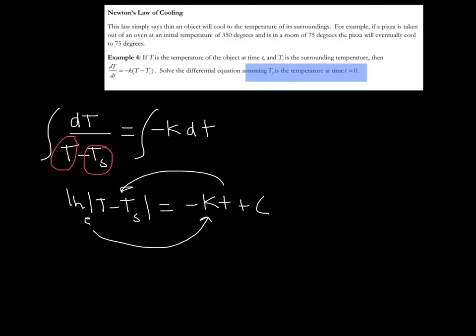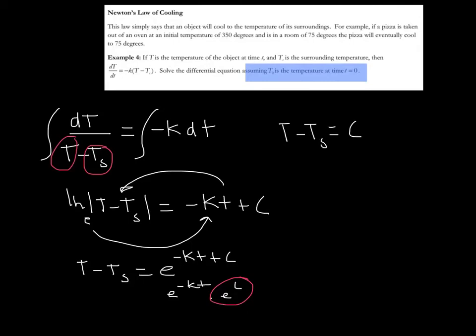So it's going to be capital T minus the room temperature is equal to e to the negative k little t plus C. And then same thing as before, we're going to have to break this up into e to the negative kt times e to the C. And then we remember that this is just a constant, so we can just call that capital C. So what we're going to have is T minus the room temperature is equal to C e to the negative kt.